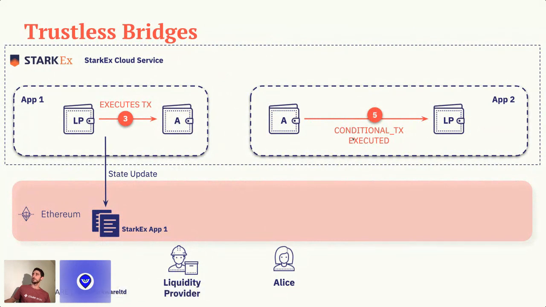Now, this conditional transaction can be executed once this application sees that the state of application 1 is finalized. Now, as I've said before, those state updates can be very, very frequent. The generation of the proof depends on the size of the batch, but it can be every few tens of minutes, right? So the locking of the funds of the liquidity provider is on the order of tens of minutes, which is very short.